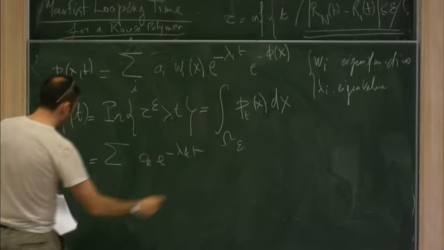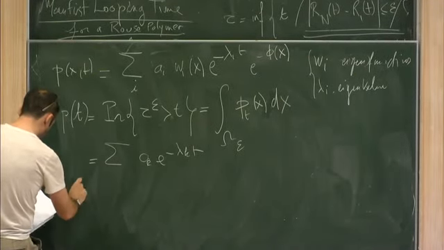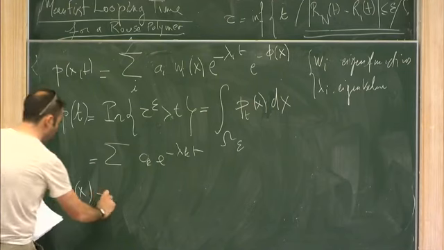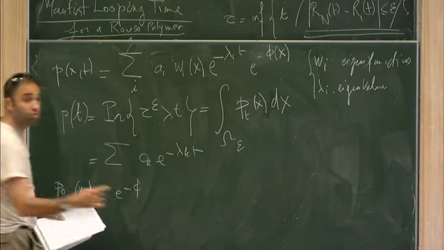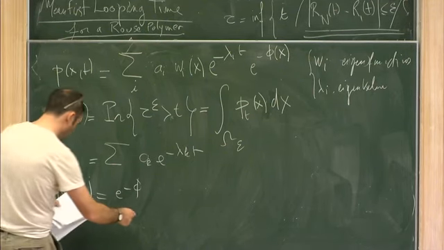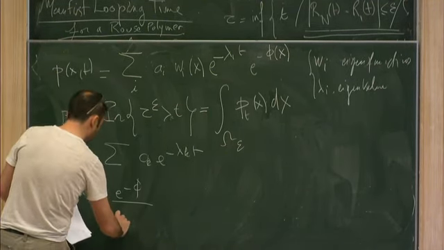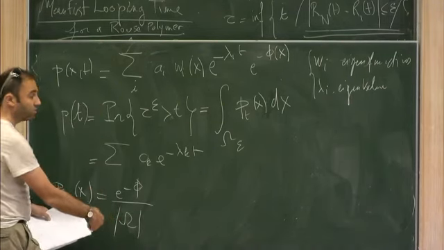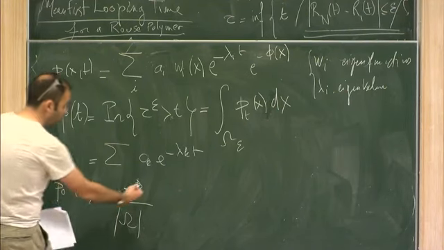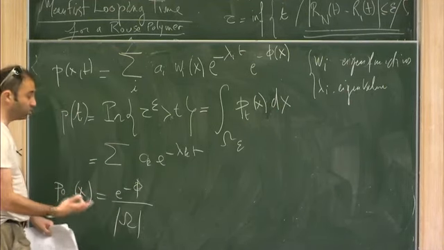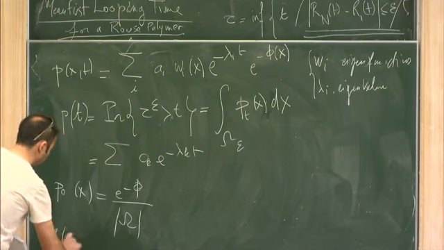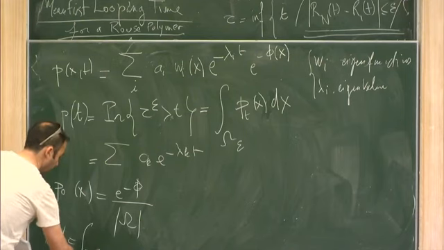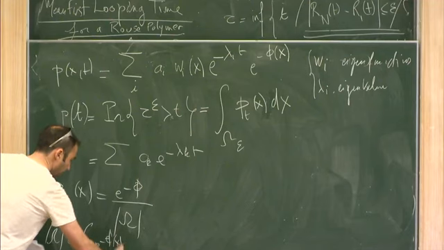And so now, let's go back to the question. We took for p(0) the exponential. So this is the distribution of the initial point: exponential of phi over omega. The volume here is the volume of the space with this weight function exponential phi. So omega is the integration over omega tilde of exponential of minus phi(x) dx.